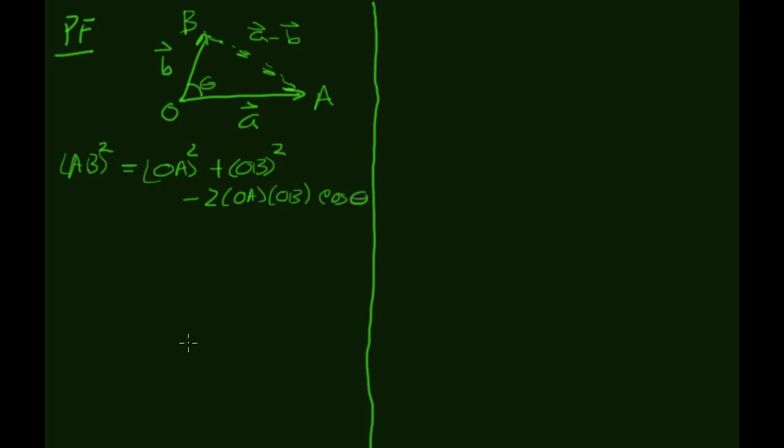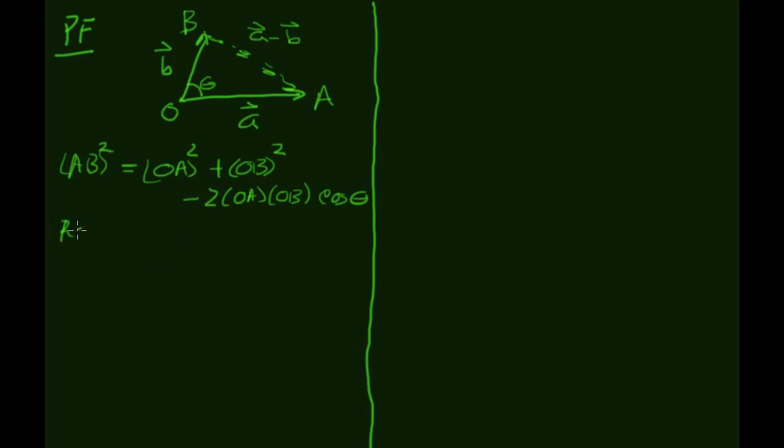This is just a restatement of the law of cosines that you get in Euclidean geometry. If you need to review that, I'm sure there's plenty of video footage online. Make sure that you've seen that somewhere.